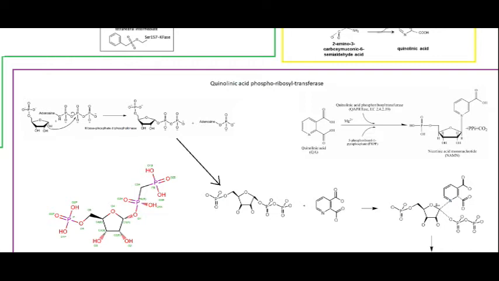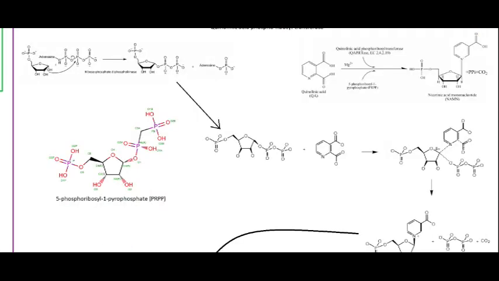We can what's called ribosylate it, adding a ribose group to it. So we can have our ribose 5 phosphate here. Then ATP can add a pyrophosphate onto it, leaving AMP.